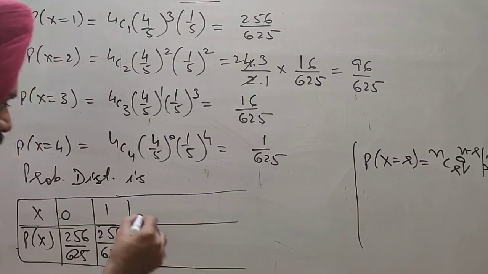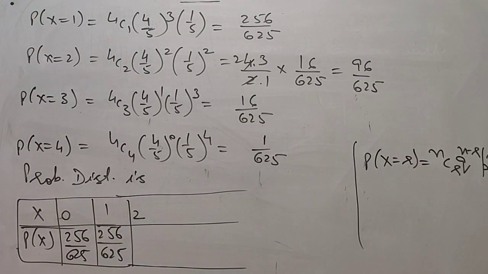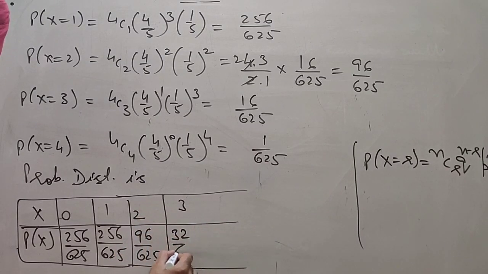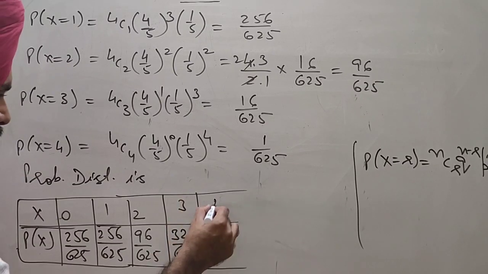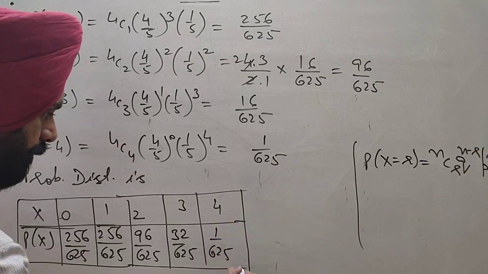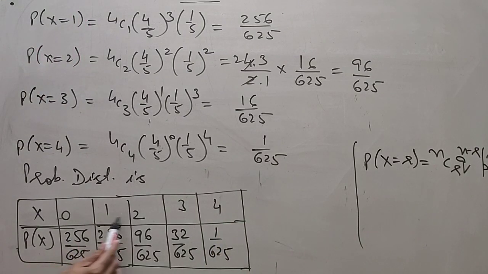When X is equal to 2, the probability is 96 by 625. In case of 3, it is 16 by 625, and in case of 4, the probability is 1 by 625. So this is the probability distribution table, and you can see that when we add all these values, it will be equal to 1. So this is our question.